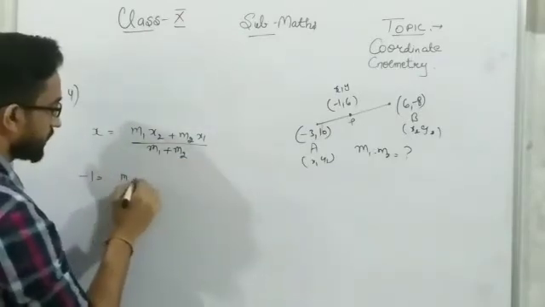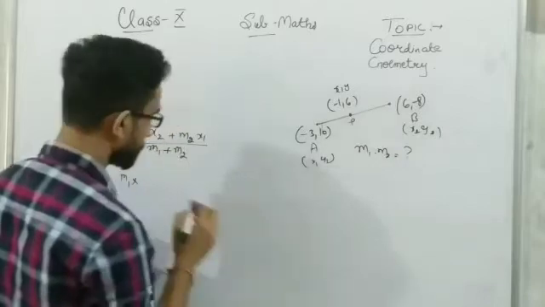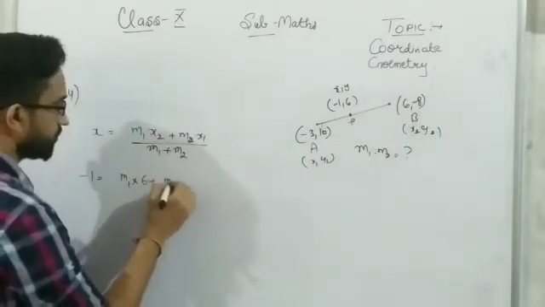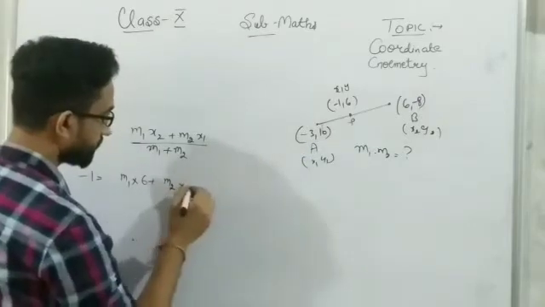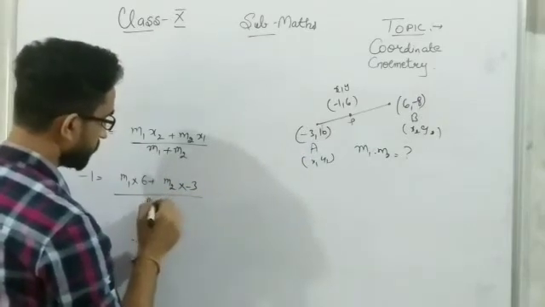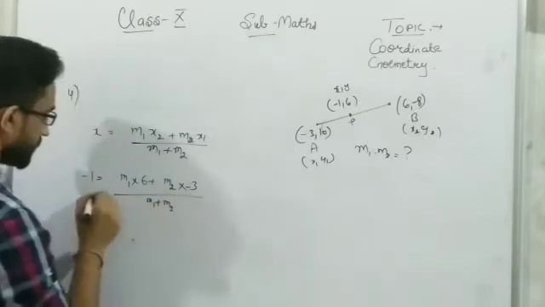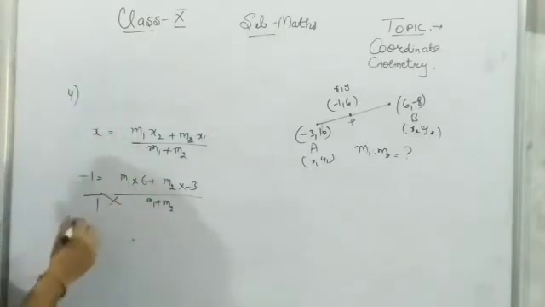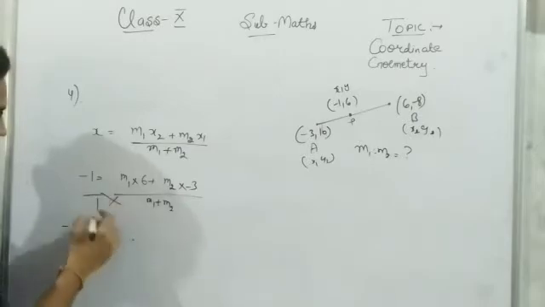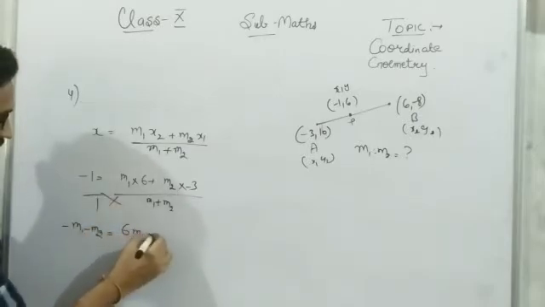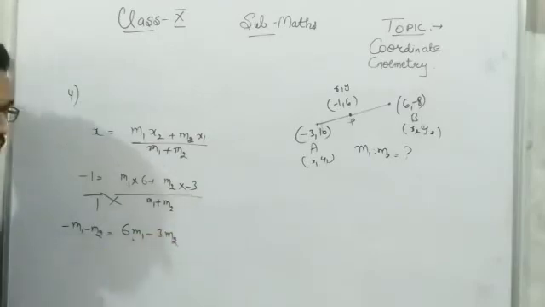M1 we don't know, x2 we know, that is 6, plus m2 we don't know, into x1 that we know, that is -3, upon m1 + m2. Let's cross multiply here. It will become -m1 - m2 is equal to 6m1 - 3m2. Right?